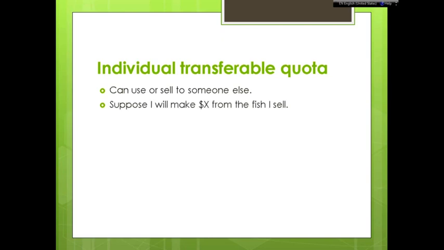Let's think through a scenario. Suppose I'm going to make X dollars from the fish that I sell. So I use my quota, I go out and harvest fish, and I'm going to make X dollars when I catch the fish and sell them to the middleman. But do you agree that X, the amount of money that I'm going to make, is a function of my operation, right?